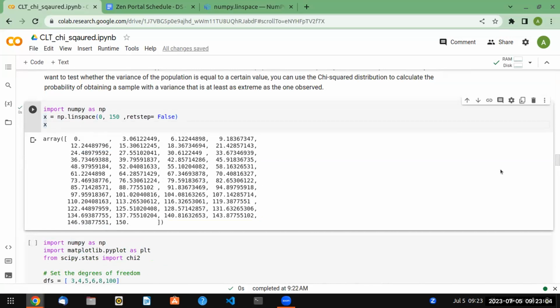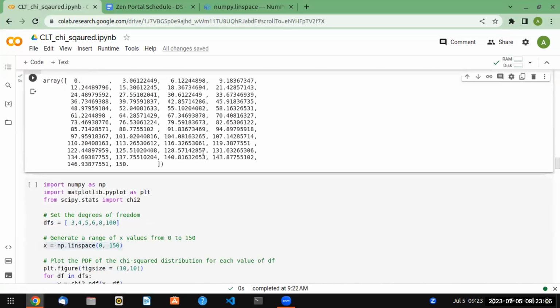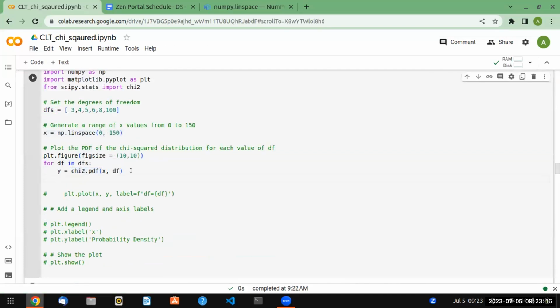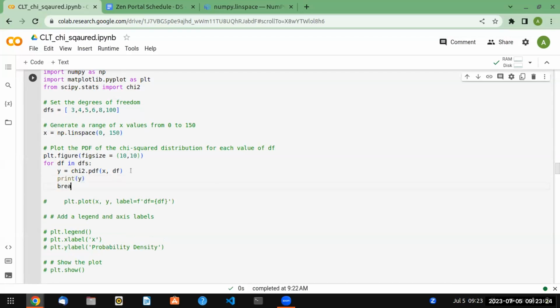Guys, are you getting any query here? When I pass this X to this chi2.pdf function, what is happening? It is calculating all the Y, right? So let me print Y. Then it is going to run for all the loops.